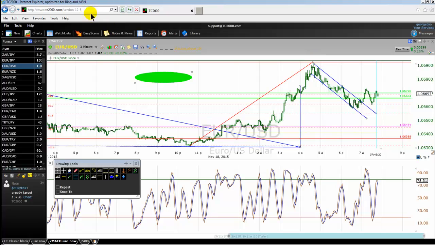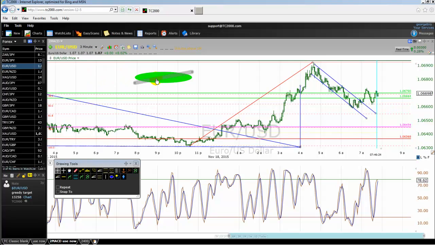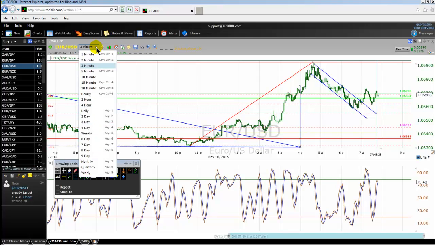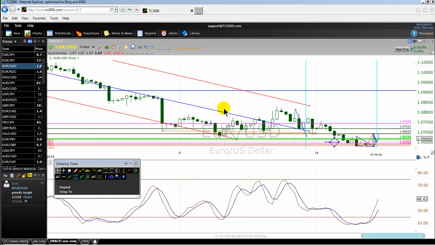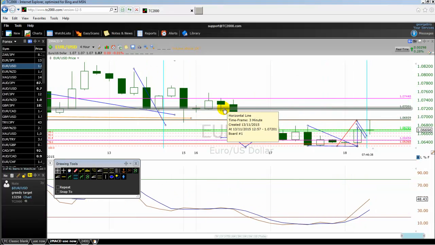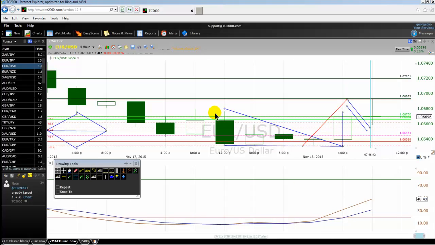Now, talking about how I set the profit target. Moment, please. Let's remove this also. Now, I'm going to go to the 4-hour chart. So I just entered this trade now.